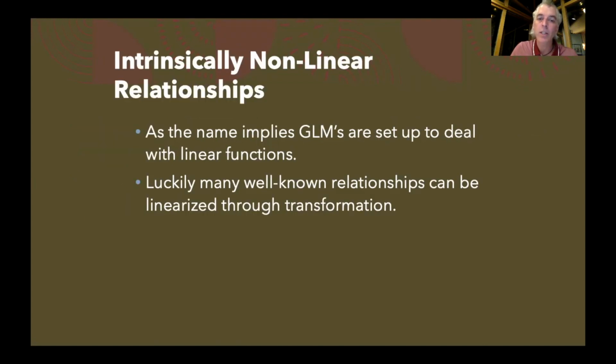Now, as I mentioned, general linear models assume that predictors influence the response in a linear way. And so luckily for us, there are ways in which we can take fundamentally nonlinear relationships from nature and linearize them through some form of transformation or other trick in order to be able to model them in our general linear model.